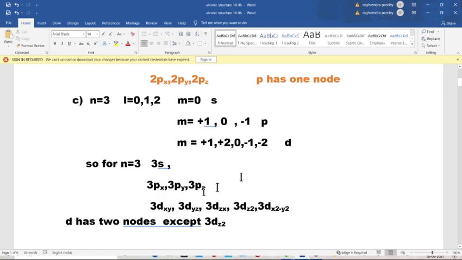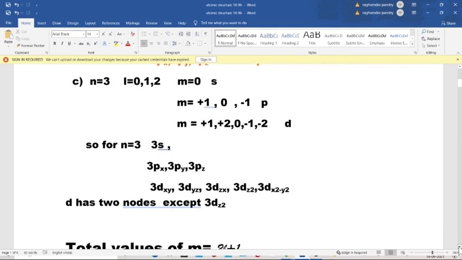And for D we have 5 values: dxy, dyz, dzx, dz2 and dx2-y2. D has two nodes, that you know, except dz2. dz2 has a nodal surface.